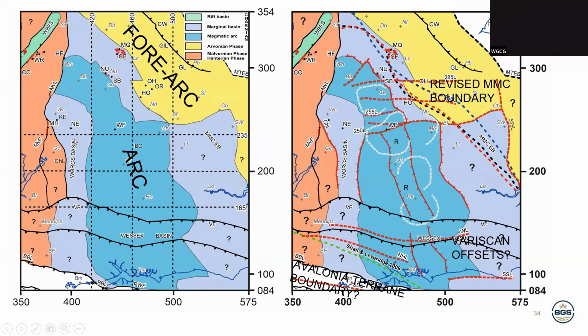Basically, volcanic arcs are often associated with sedimentary basins, and the ones towards the trench we call the fore-arc, and the ones behind the arc we call the back-arc. So it's quite logical, really.